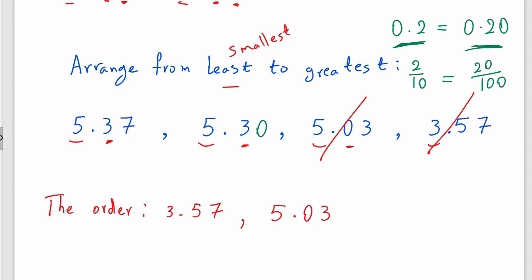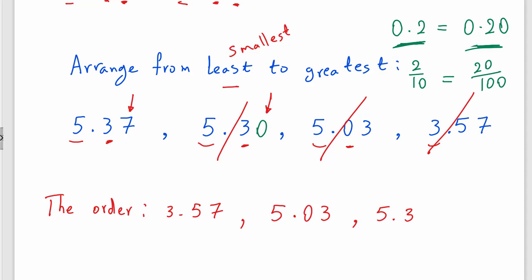And now I have only 2 left, the same whole number and the same tenths. So let's move to the hundredths. The hundredths for this one is 0, so it's the smaller. So this one is next. So 5.3. I write it 5.3.